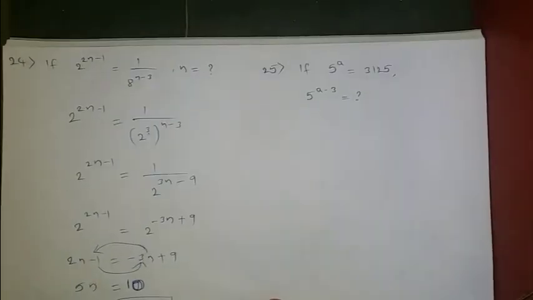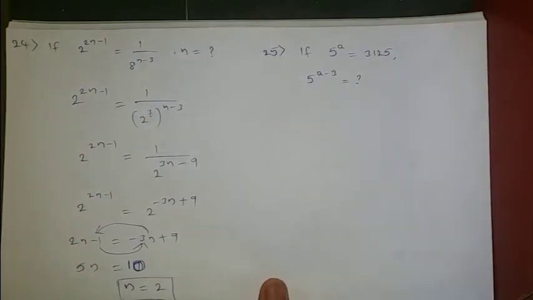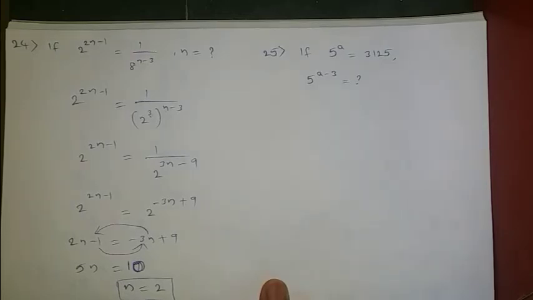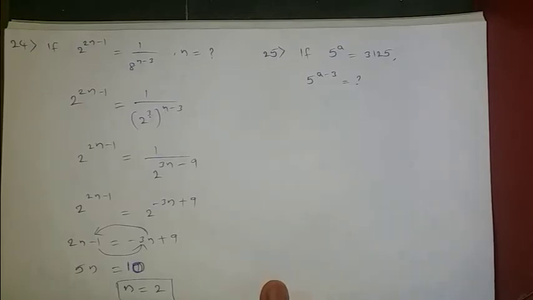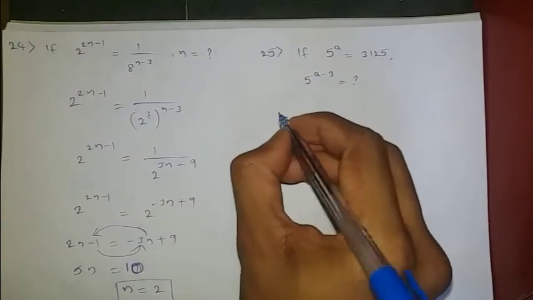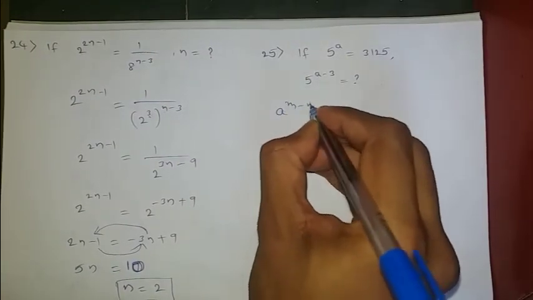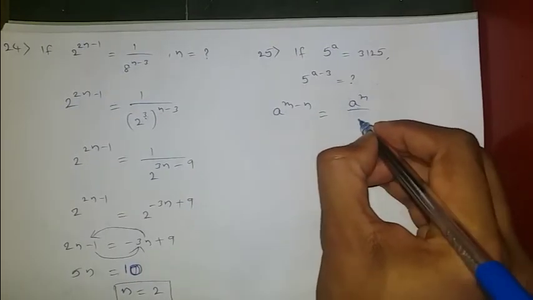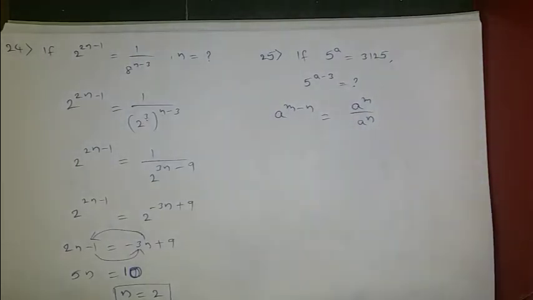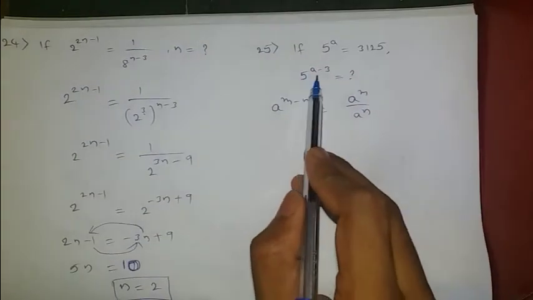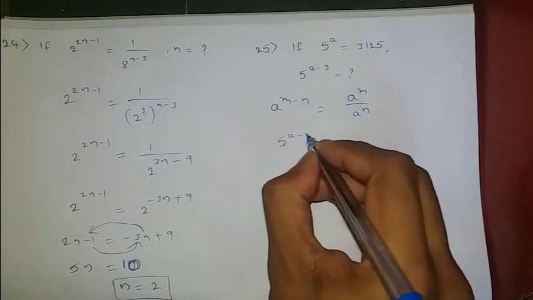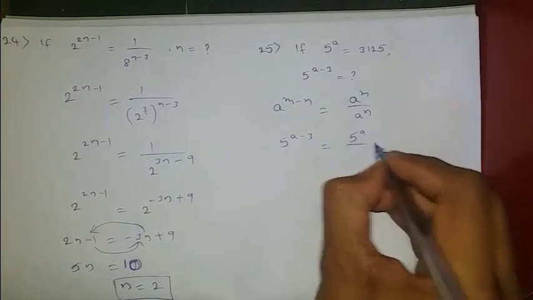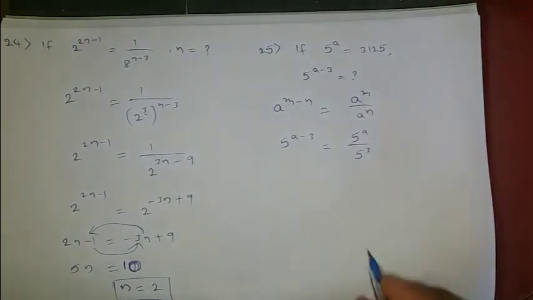Okay, let's move to the next question. If 5^a is equal to 3125, then what is the value of 5^(a-3)? Now this 5^(a-3) is in the form of a^(m-n). So a^(m-n) is nothing but a^m divided by a^n. So 5^(a-3) can be written as 5^a divided by 5^3.